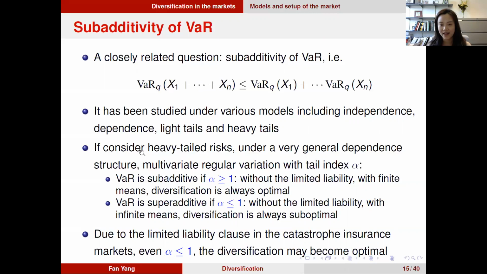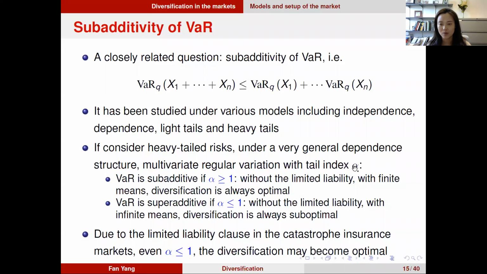It has been studied under various models, including dependence, light tail, and heavy tails. If we just focus on the heavy tail situation, a very general result that covers all the known results is under multivariate regular variation. If X1 to Xn are multivariate regularly varying, MRV is a generalization from one dimension to multi-dimension. If I have time, I can give you the formal definition, but here just understand MRV is a multi-dimensional version of regular variation.